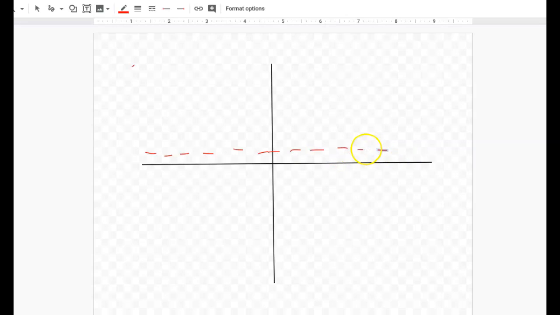The vertical asymptotes were at 0 and 4. And then 1, 2, 3, 4. And let's go ahead and put in our x-intercepts.